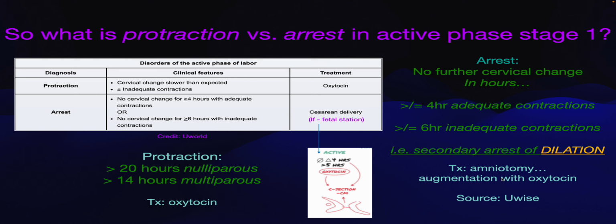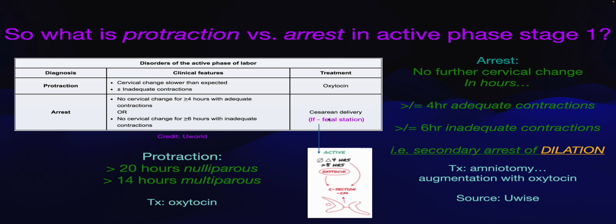We can go ahead and do an amniotomy or a manual rupture of mom's membranes and further augment with oxytocin to try to boost the strength of the contractions and get the fetus pressing on the cervix so that we get to the 10 centimeters, the full cervical dilation, so we can go into the second stage.